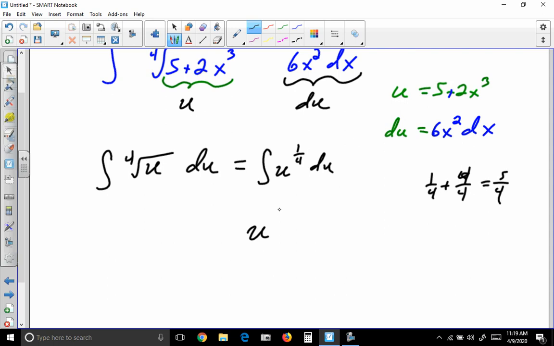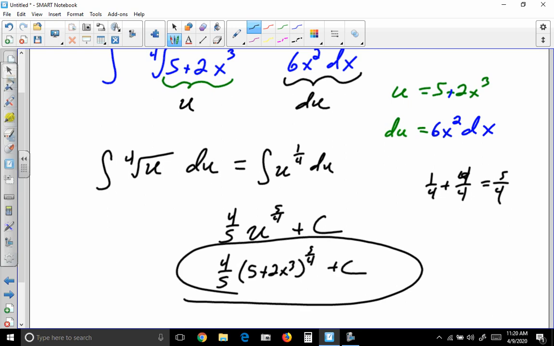So u to the 1 greater power over 5/4, or times the reciprocal, plus c. Then to end, we want to replace u with 5 plus 2x cubed. And we could change that back to a radical if we wanted to, or we could leave that in exponential form.